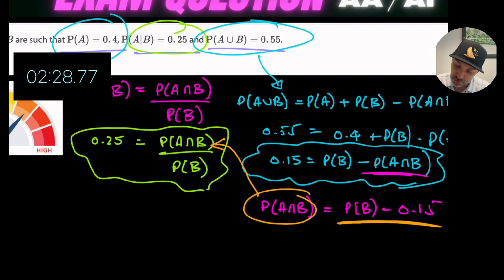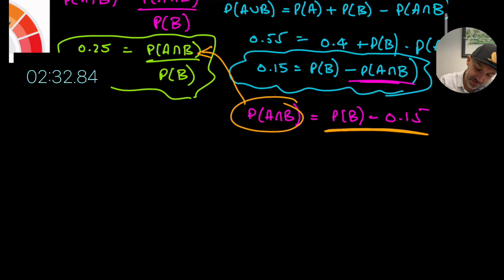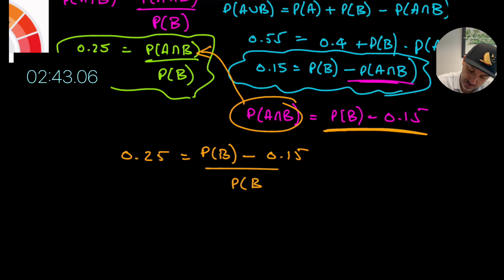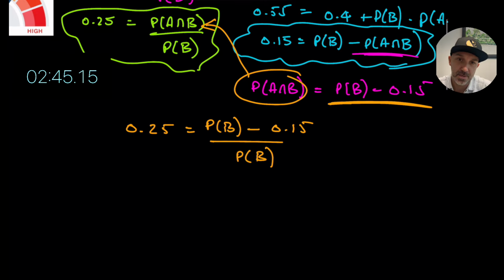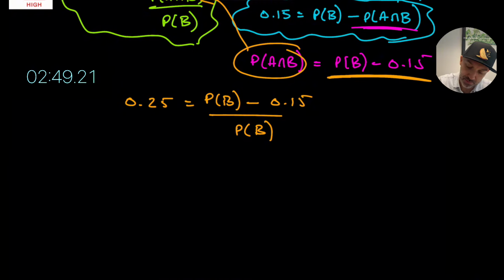So this will substitute in now for that, giving us an equation which just has P(B) in it. So 0.25 equals P(B) minus 0.15 over P(B). So what do we do next? Well, I want to get this P(B) from the denominator up onto the numerator, so I'm going to times both sides by P(B).